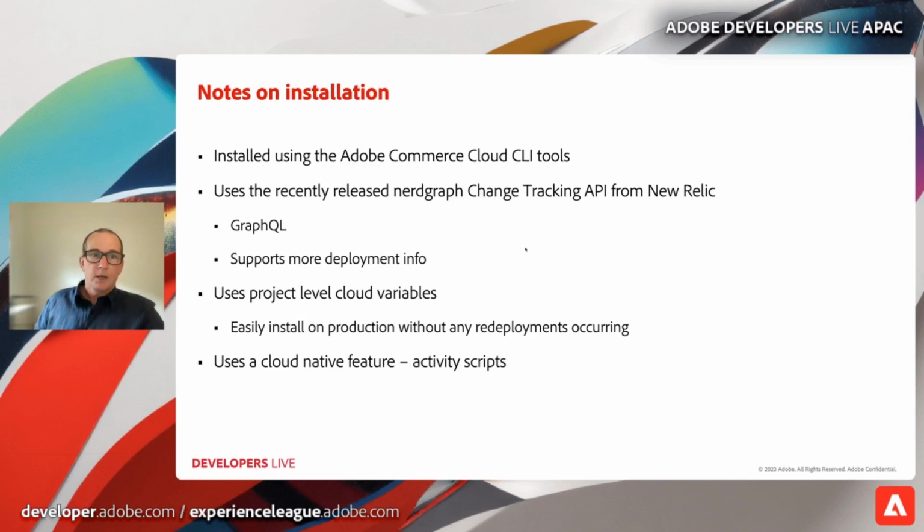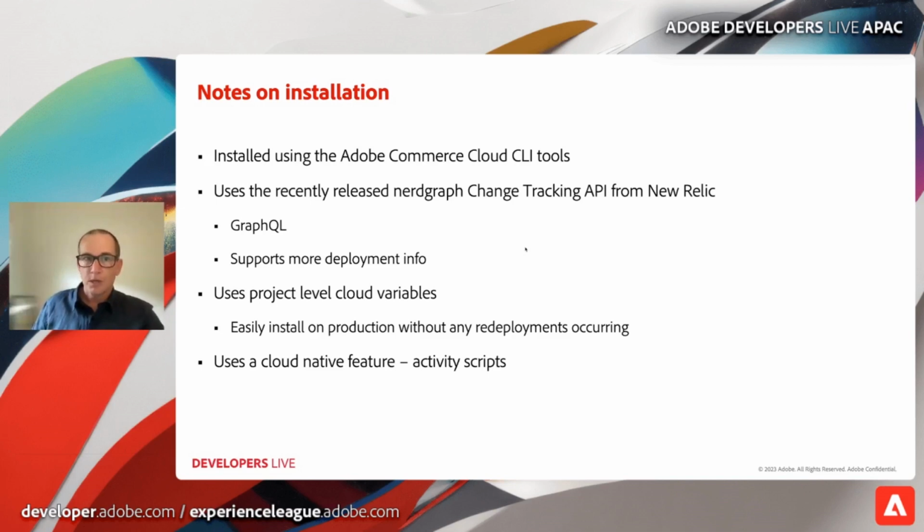So this installation process also uses, and this is an important one, project level cloud variables to set this up. For those that are familiar with cloud variables or using the variables on the cloud, you may have used environment variables before, and you'll know that when you create or update one of those environment variables, it triggers a redeploy of that environment.